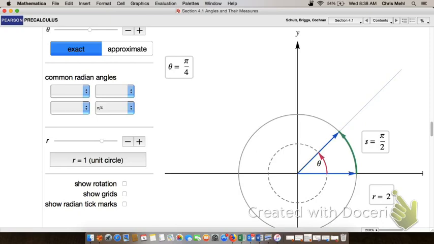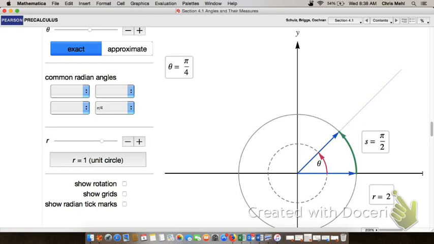Before defining what the radian measure of an angle is, I think this figure is really nice in the textbook because it illustrates that the radian measure of an angle is really just the ratio of the arc length over the radius itself.